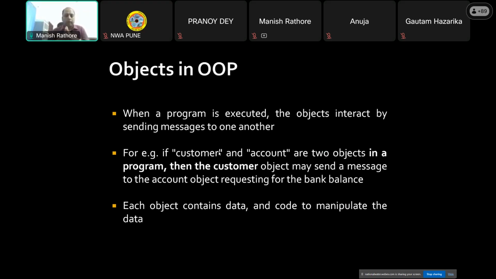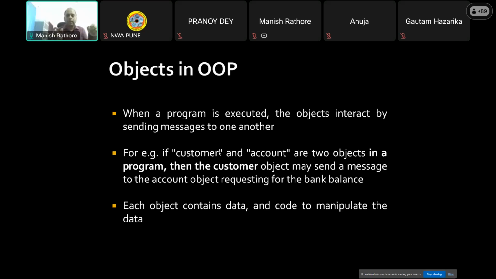Okay, for example, customer and account are two objects in a program, then the customer object may send a message to the account object requesting. So customer नाम का object है, उसको account से bank balance उठाना है, then it will ask the account object to give me the bank balance of a particular customer, and it will give the customer ID.